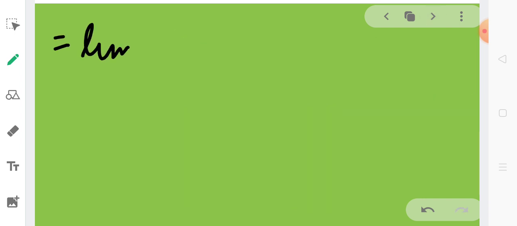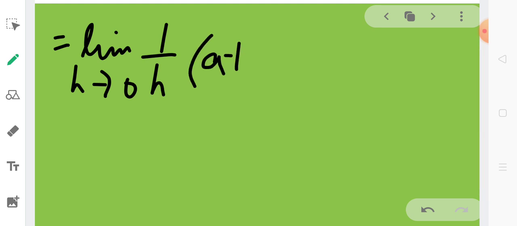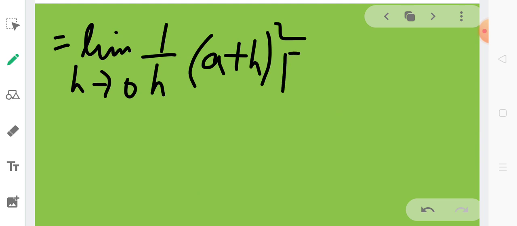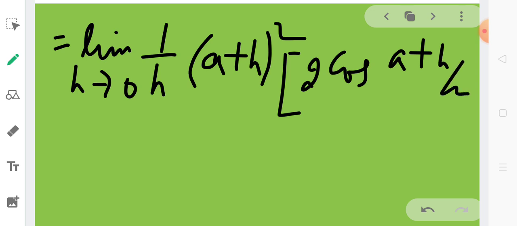So limit h tending to 0, 1 by h, a plus h whole square. Now the first term was sine (a plus h) minus sine a. This is in the form sine A minus sine B. So sine A minus sine B is 2 cos of (A plus B) by 2 sine of (A minus B) by 2. So on solving you will get 2 cos (a plus h by 2) and then multiplied by sine of h by 2.